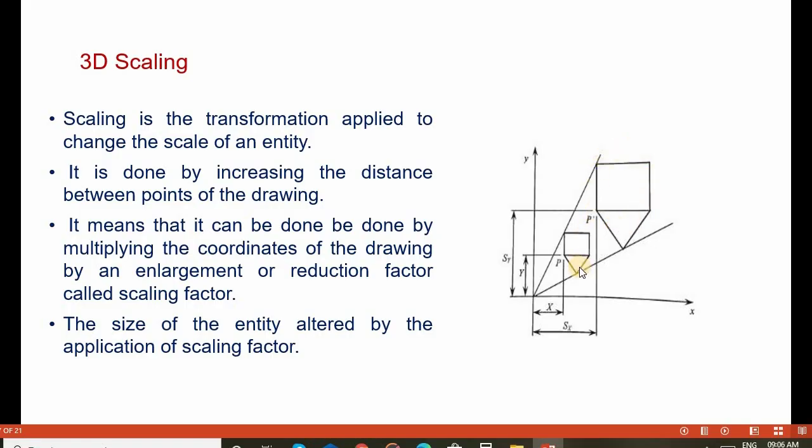How can we enlarge it? By multiplying by the scaling factors Sx and Sy. Here Sx and Sy act as the scaling factors, so that the scaling factors convert the original image into the enlarged image. Similarly, by multiplying by scaling factors we can also reduce the size.